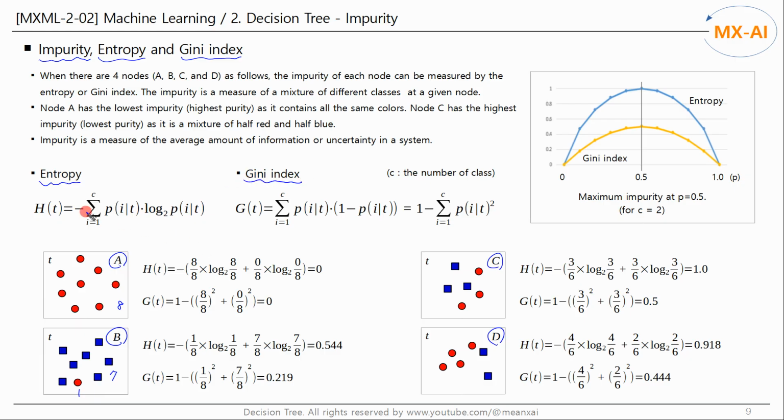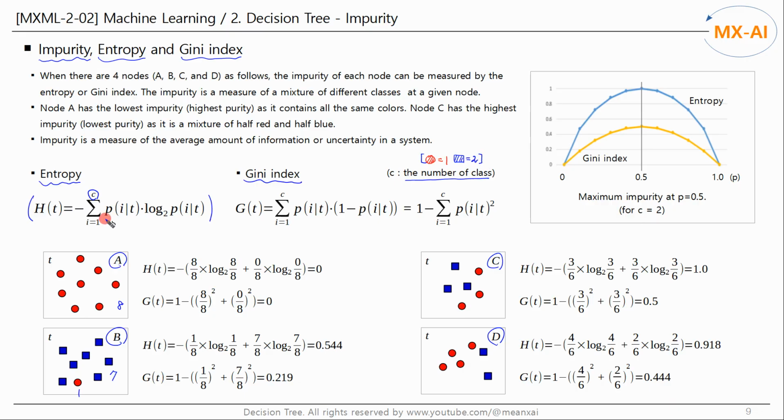The formula for calculating entropy is as follows. Here C denotes the number of classes. In this case, there are 2 classes, red and blue. For example, let's say red is class 1 and blue is class 2.